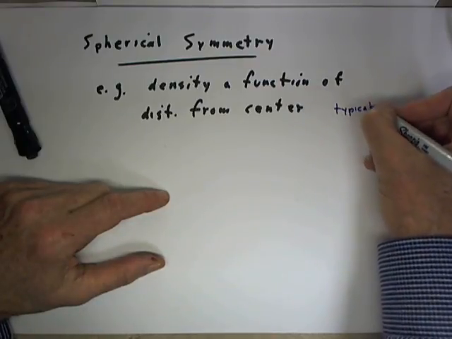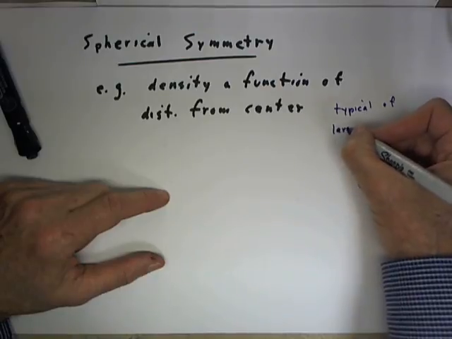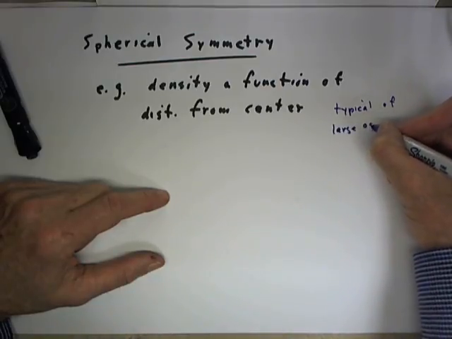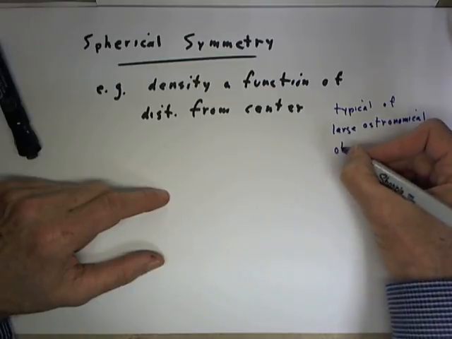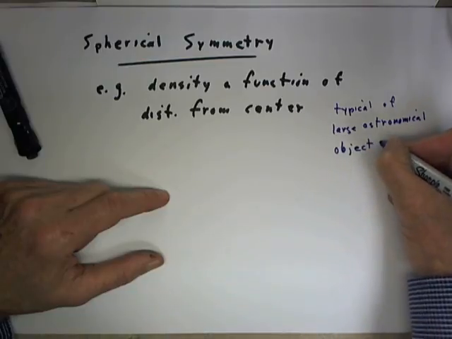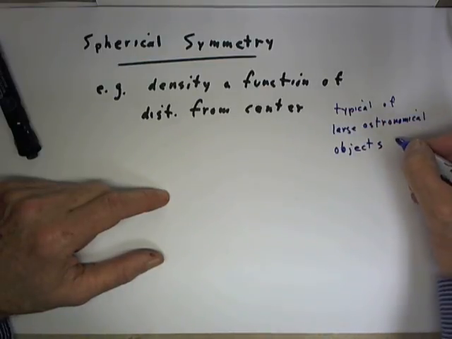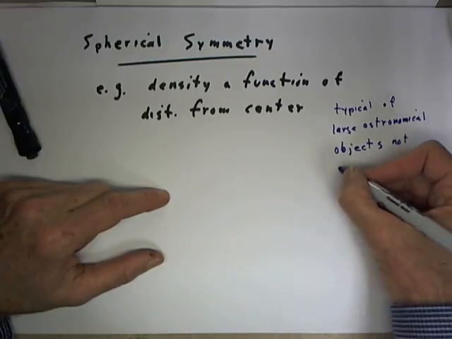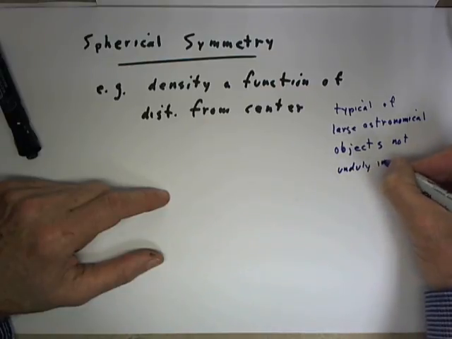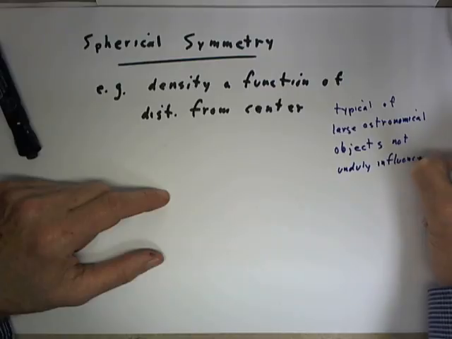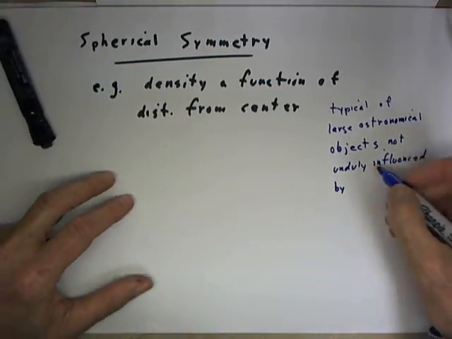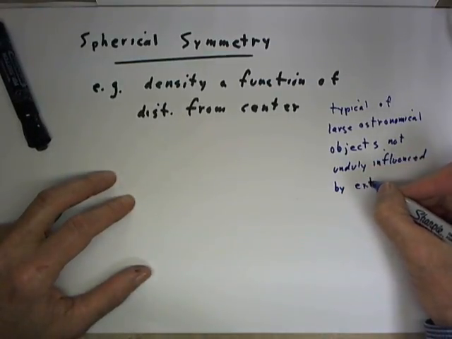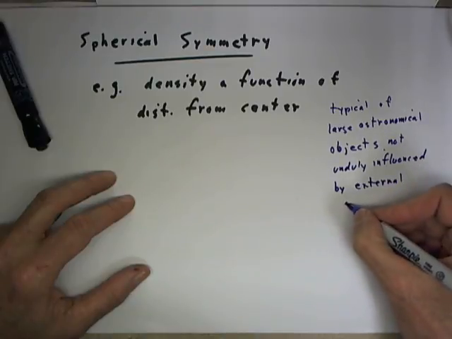So it's typical of large astronomical objects, whatever astronomical means in this context, which are not unduly influenced by the gravitational pull, let's just say external gravitational forces.